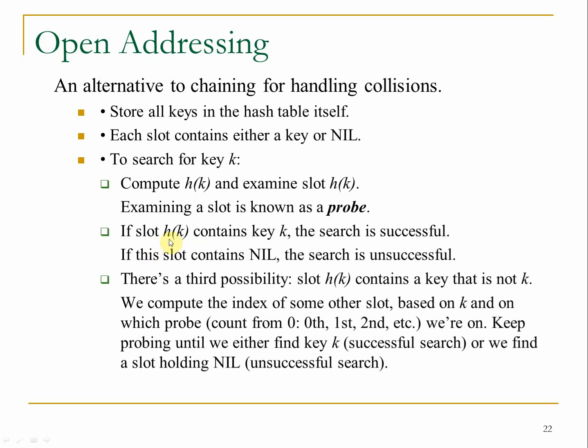If the slot h of k contains the value, the search is successful. If it contains null, then that means the value is supposed to be there, and it's null, indicating the value you want to search is not there. So it's an unsuccessful search. Of course, there's a possibility that you look into that location and it is not null, but it's not the value you are interested in.